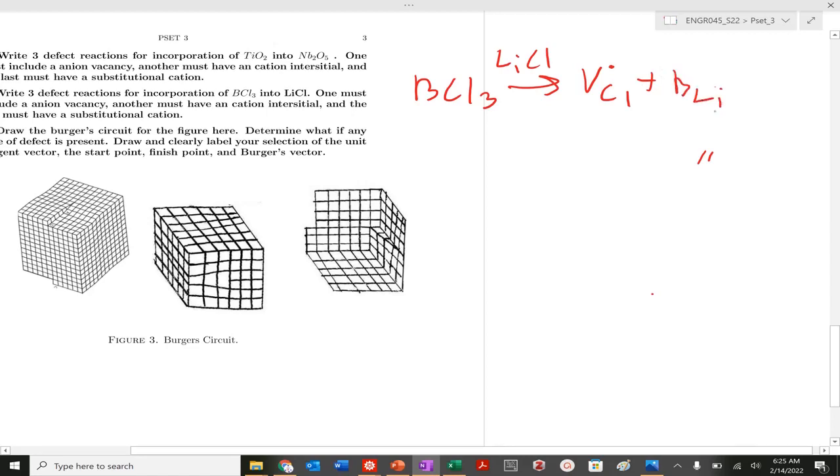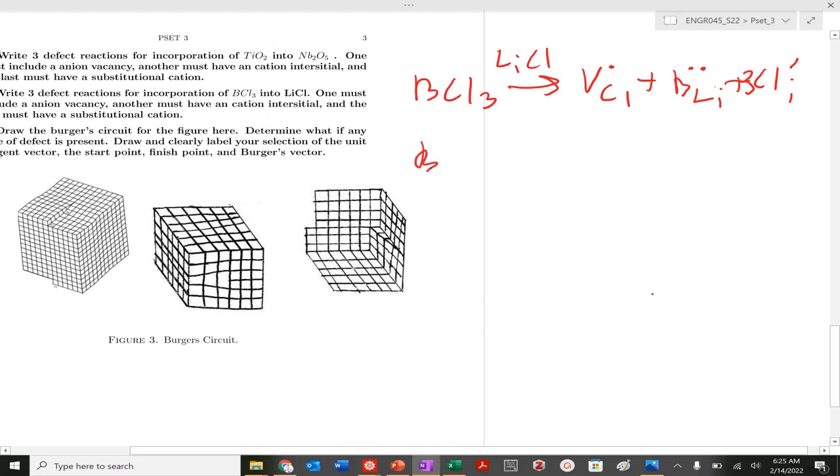Lithium is initially 1 plus, B is 3 plus, so that's going to be 2 plus here. Plus, let's do Cl interstitial minus here, and let's do 3. That'll work, because I have lithium chloride, I have BCl, and I'm clear.